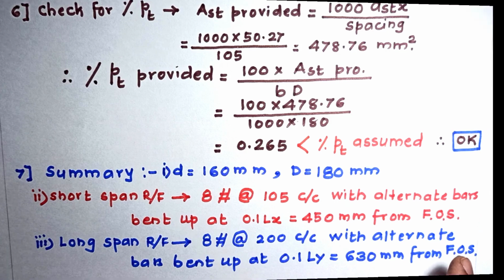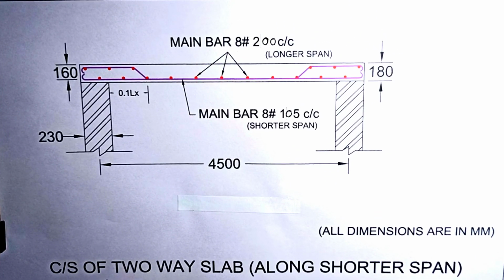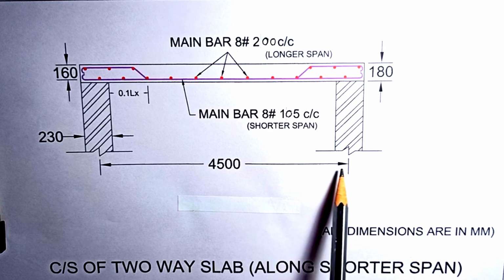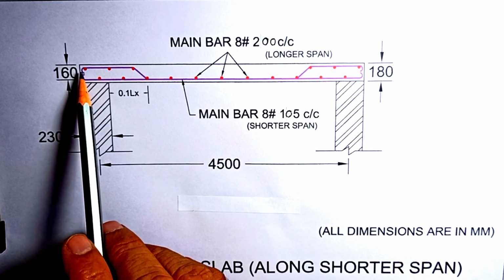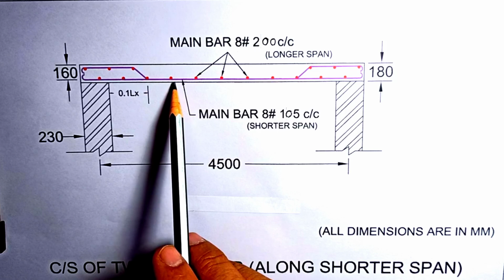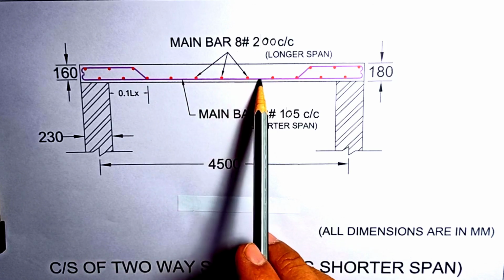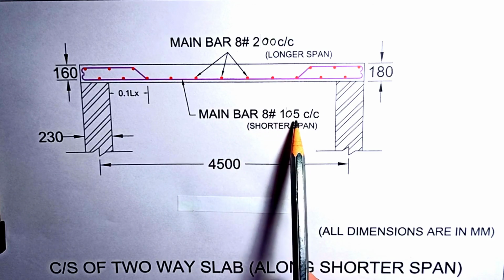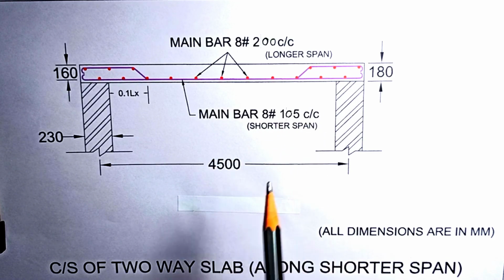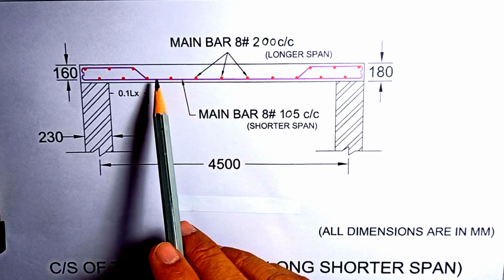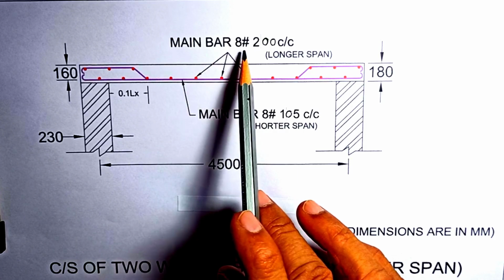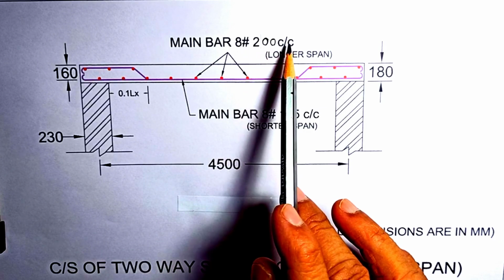Let us draw it. The figure shows the cross section of the two-way slab along the shorter span. See, this is the shorter span 4500. Now these violet color lines indicate the main bars along the shorter span, that is main bars 8 torr at 105 center to center, and these red dots are the main bars along the longer span, that is main bars 8 torr at 200 center to center.